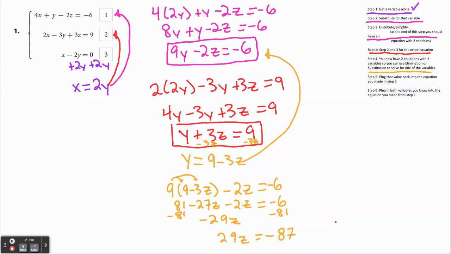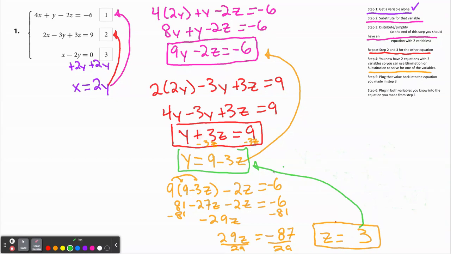So I know this doesn't look great, but the nice part is if we divide both sides by 29, again, I'm getting cramped for space here, so I'm going to squeeze over to the right. I'm going to be left with z is equal to negative 3. So I'm going to plug this into this equation here to find what y is equal to.